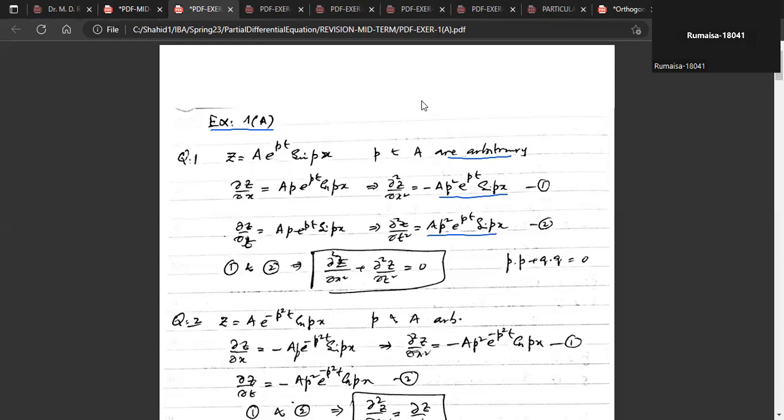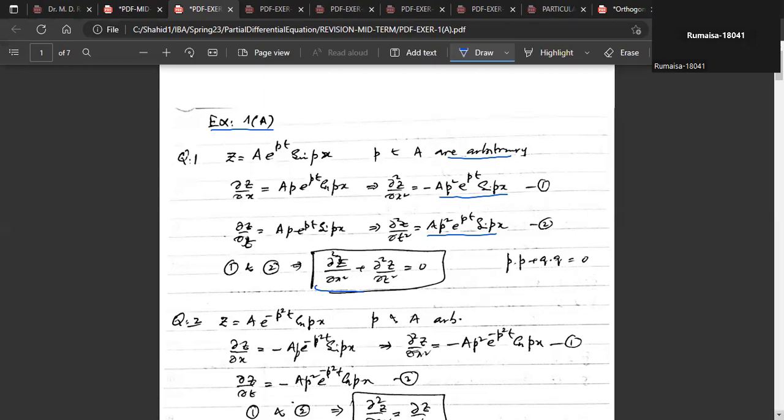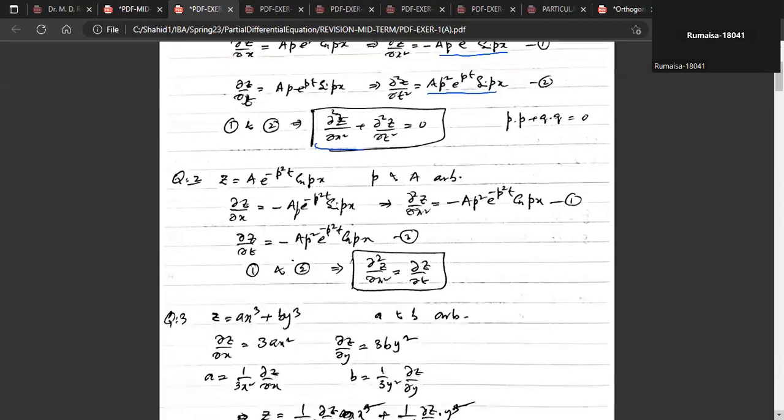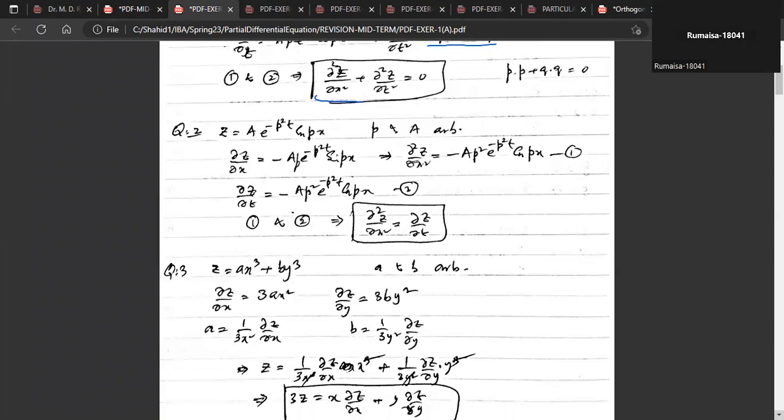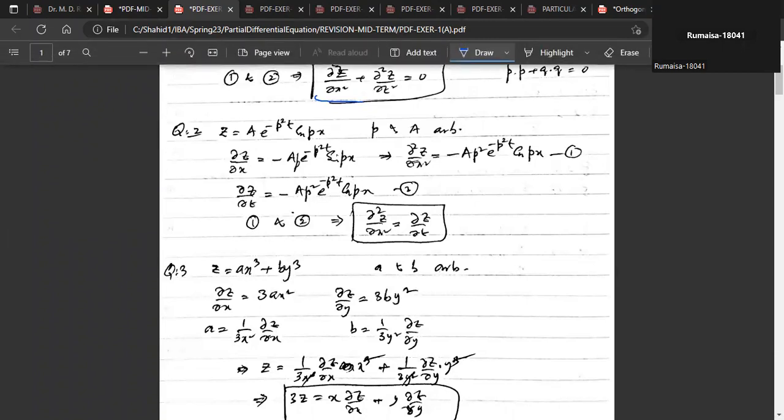And that means if you add them together, you will get 0. And this is a differential equation because it involves derivatives. So this is one way, that is, we eliminate arbitrary constants. This is another form of the same type of question, and you can understand.